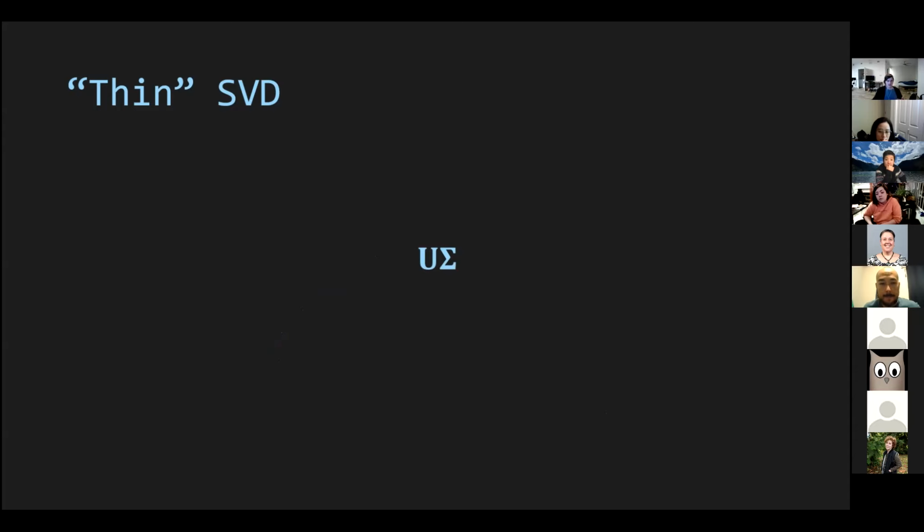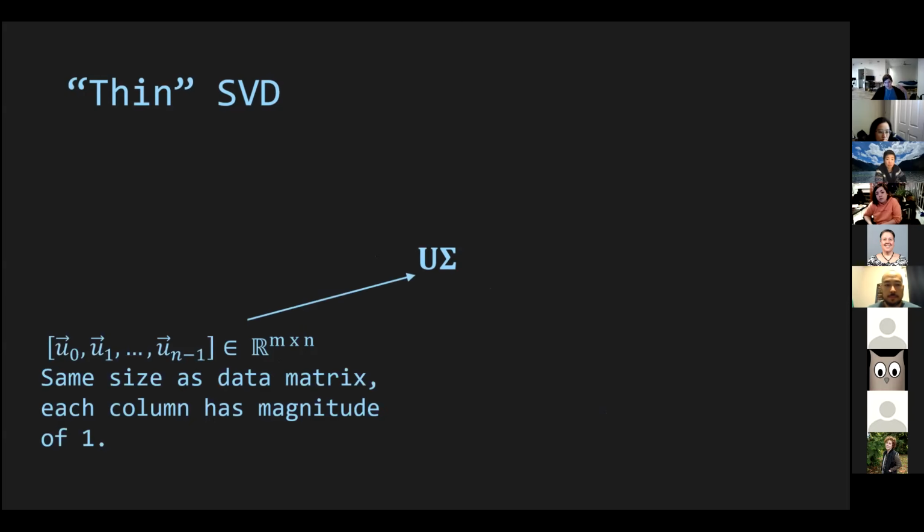This is what we have, where U is going to be the same size as our data matrix, and each column has magnitude 1. It's kind of like creating a new basis for our system instead of having the vectors 1, 0, 0; 0, 1, 0; 0, 0, 1 for a normal Euclidean coordinate system. These serve as the new bases for our data.